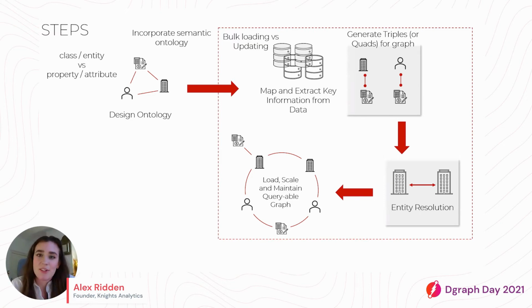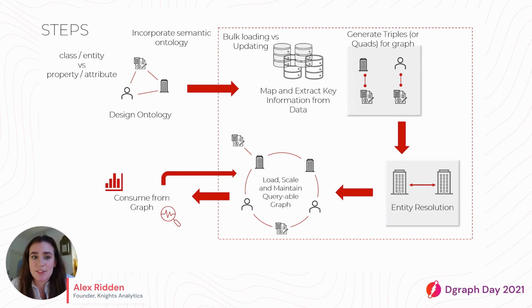So once you have all those things, there's of course consuming data from that graph, and then a few different things that you should think about in terms of your solution, such as, do you want to have multiple graphs or one graph within your organization? How can you potentially combine data across these privacy boundaries, where it could be really useful to share data, but you're not allowed to, for example, because of GDPR here in Europe? So yeah, I'm going to dive a bit more into all those topics.